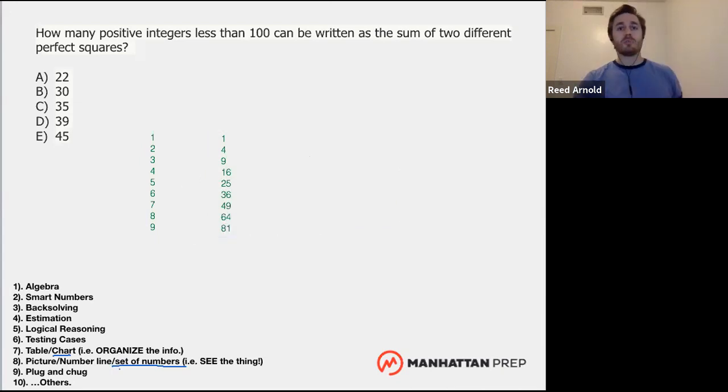Yeah, 10 squared is too big. Once we have 10 squared, we're already more than 100, and that's not going to work. So we want perfect squares that we're adding together, and we want the sum to be less than 100. So let's get the perfect squares. This is kind of a plug and chug situation. Let's just list them out and see what happens.